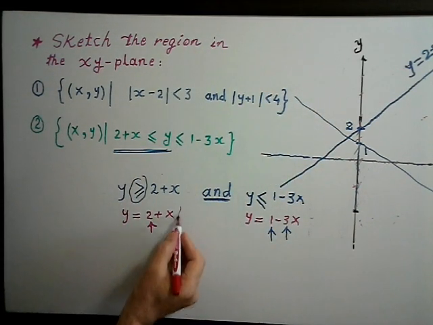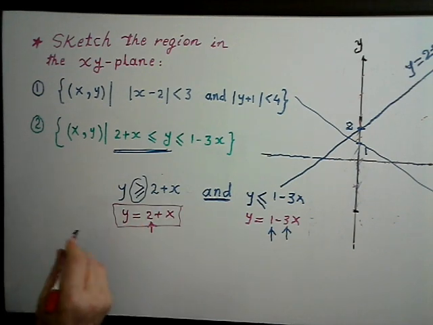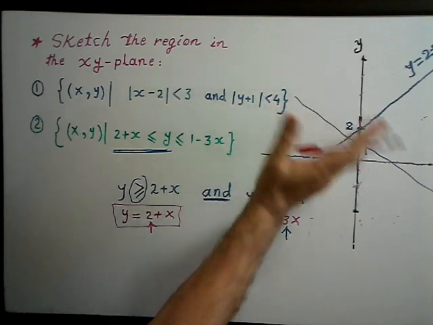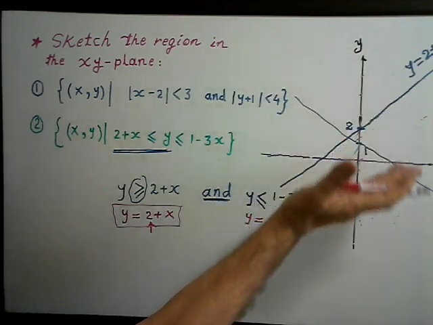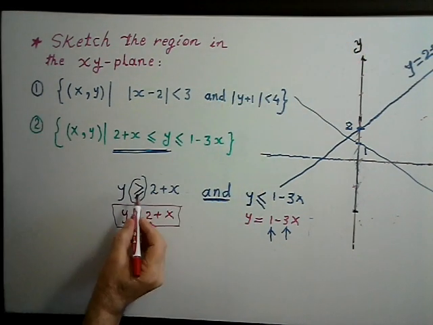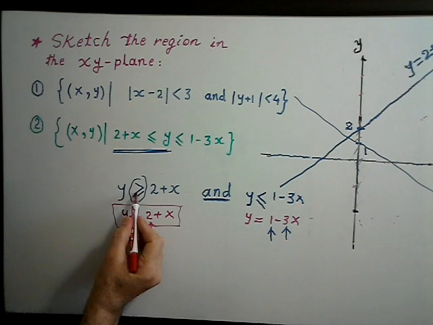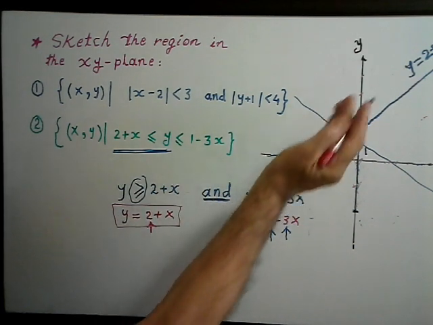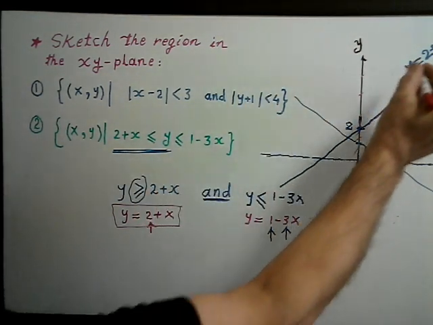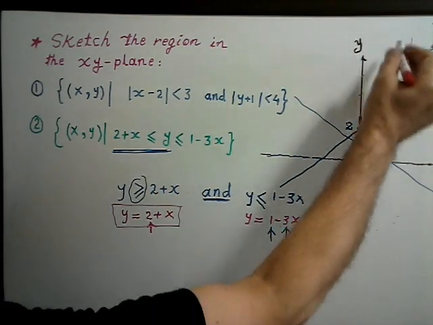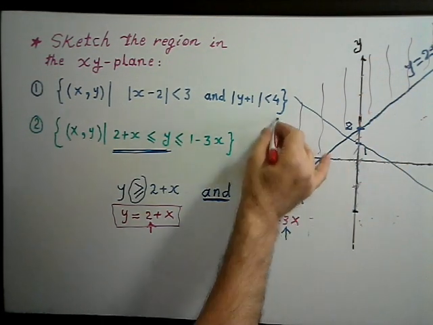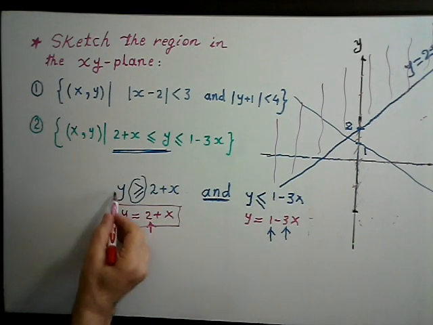This line here divides the whole plane into two areas. One is less than, one is upper or greater than. So according to the sign, which says greater than, we'll take the area above the line. So this area represents the inequality here.